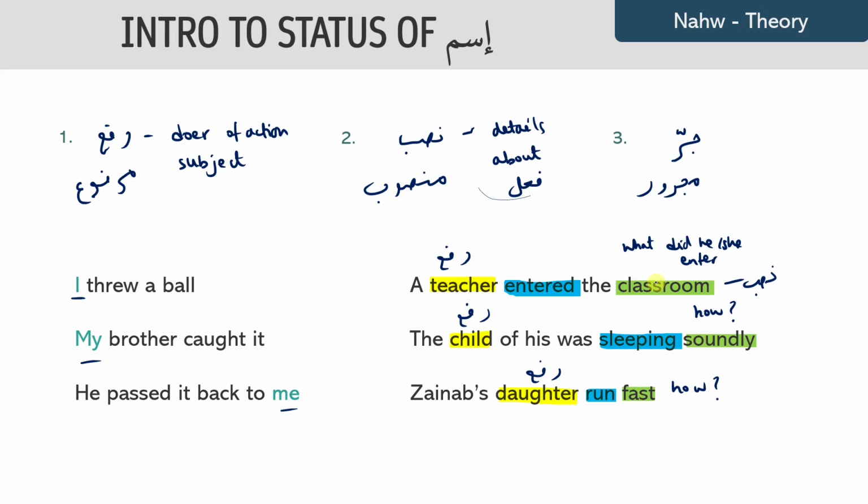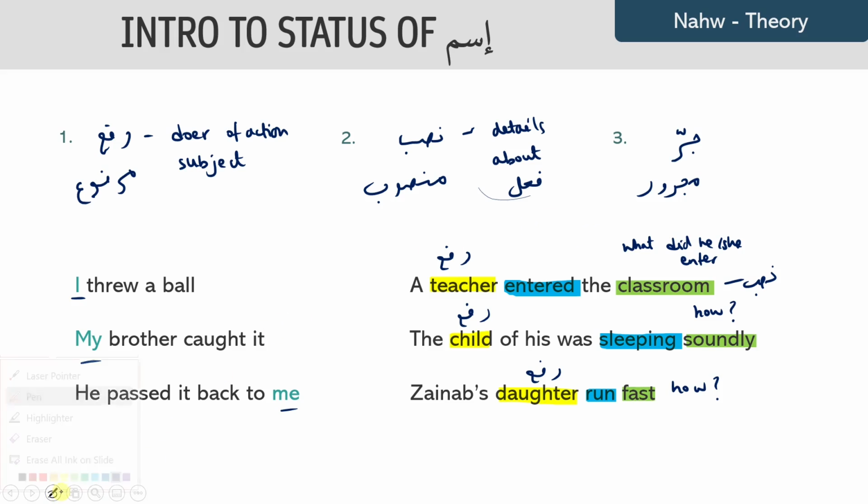Now remember that these are details about the fi'l itself. If you ask questions about the doer, for example, whose daughter was the doer, that is not going to be nasab, because Zainab has nothing to do with the verb. Zainab is related to the daughter, not to the verb. So nasab is the detail about the fi'l.